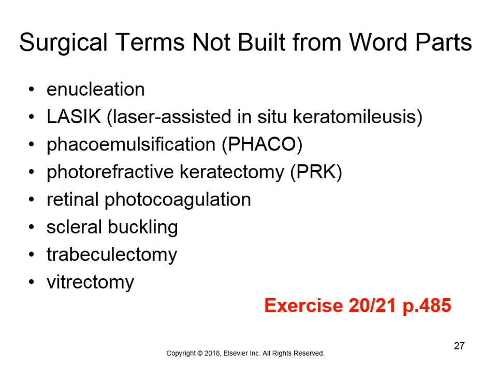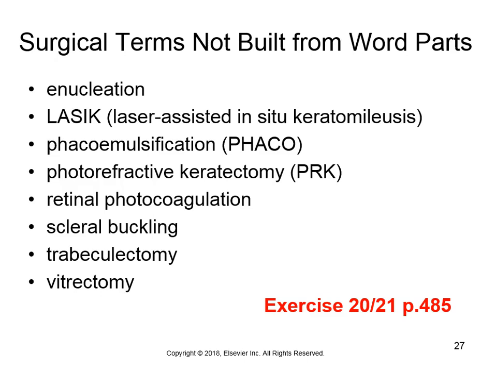Trabeculectomy is surgical creation of an opening. Basically, they're going to go in and create a tiny little hole underneath the conjunctiva, where a lot of the aqueous humor that might be causing glaucoma or increased pressure is the problem.